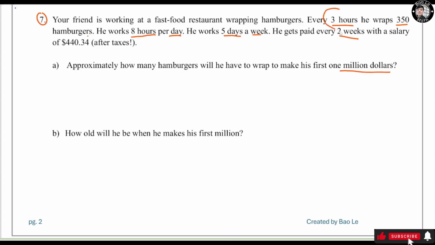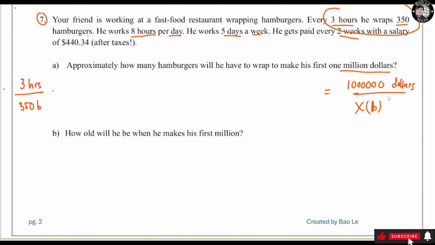So we start with this right here. 350 hamburgers, I just write 350B. Now, our goal is $1 million over S, the number of hamburgers.